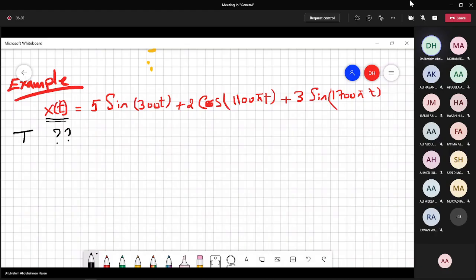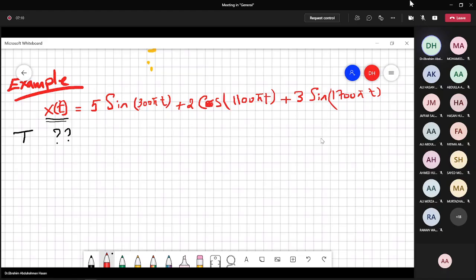For each one, we said the amplitude has no effect on the period. Whether this is 5 or 0.5, it's the same. It comes only from here, the omega.